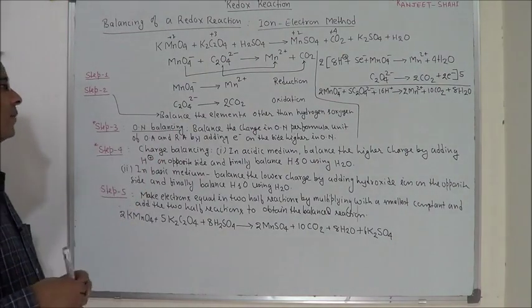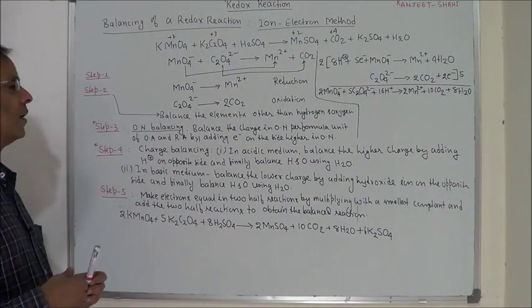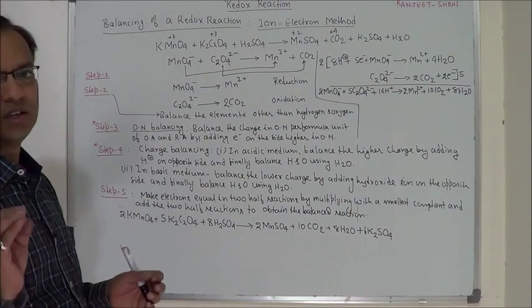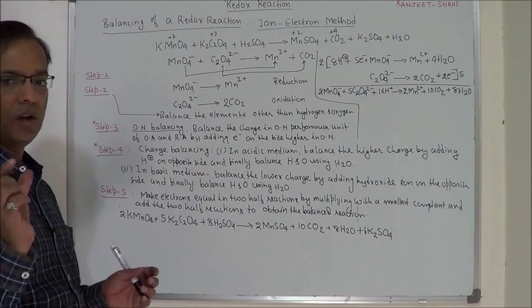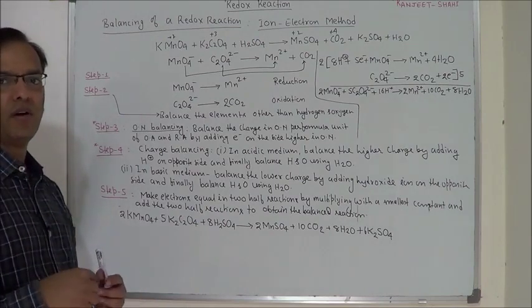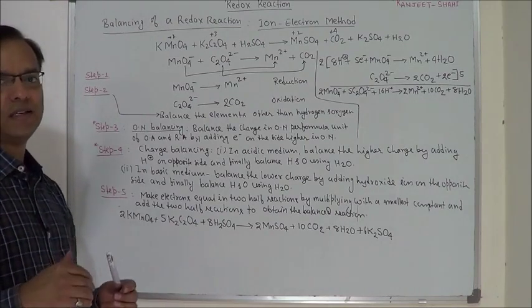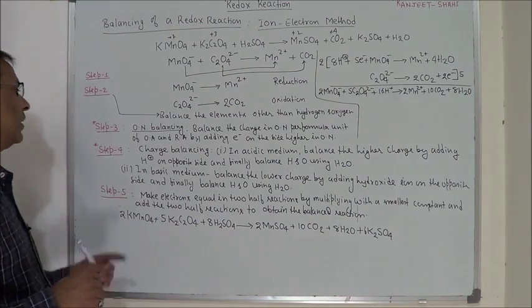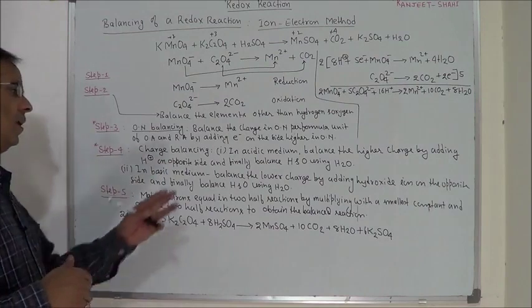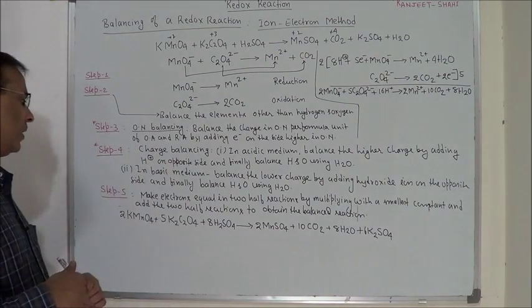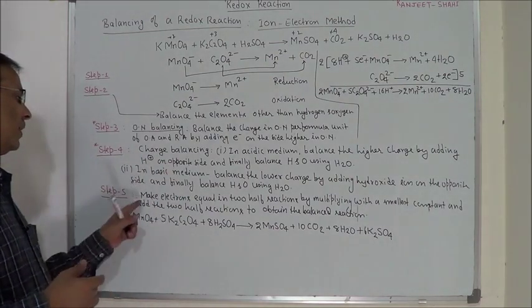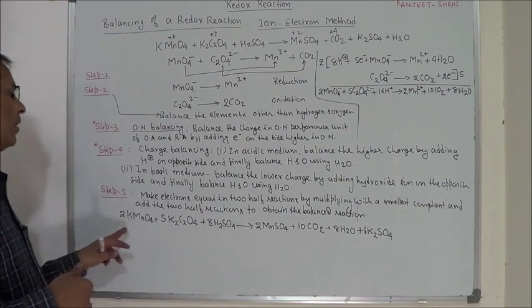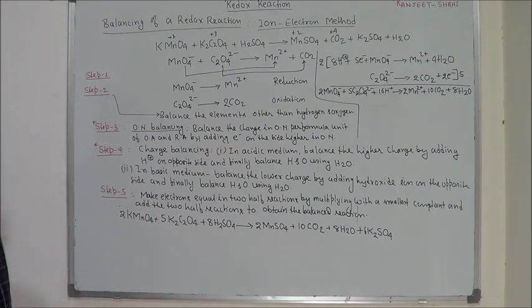Balance the change in oxidation number, and the important thing was that we balance the change in oxidation number for one formula unit of oxidizing and reducing agent. Then charge balancing in acidic medium and basic medium, we have seen how to do it. And then finally we make the electrons equal, and ultimately we get the balanced redox reaction.